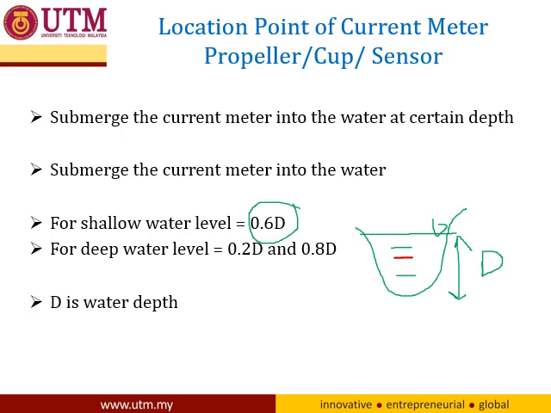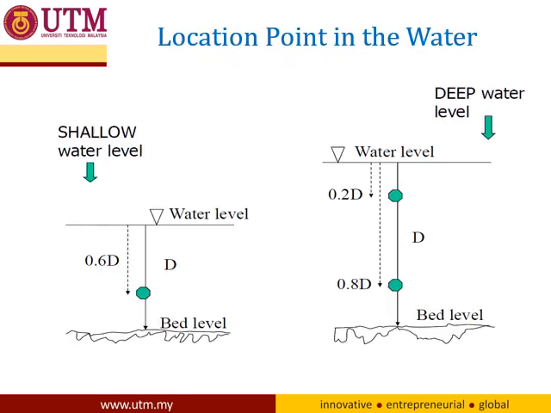But if it is deep water, you need to measure 2 points, 0.2D and 0.8D. Again, if it's a shallow water depth, you may measure the velocity at 0.6D from the surface, and if it's deep water, 0.2D and 0.8D.